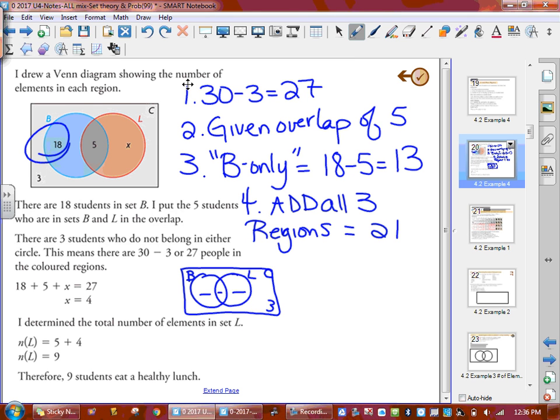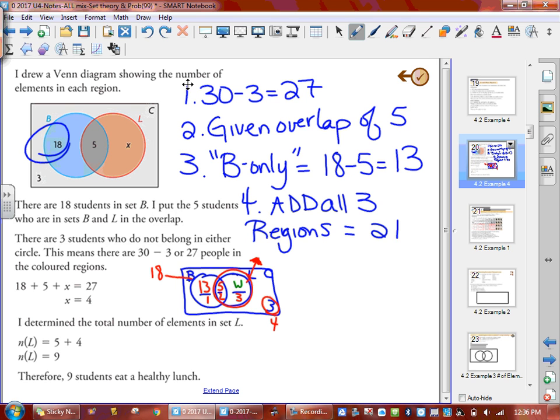Once we find that everything adds to 21, once we plug our numbers in, we ended up with 13 here and a 5 here that was given. Because this had to equal 18, 13 and 5 make 18 for region 1 and 2. We have our outlier in region 4. Region 3 we can find now by subtracting. We take 30 minus 21, our total, and that gives us the region that is missing for W. So W is a 9.